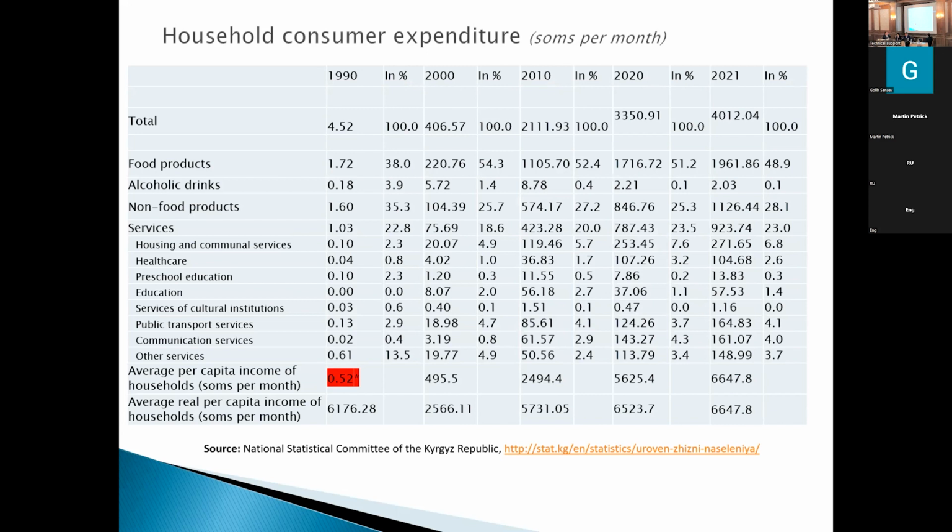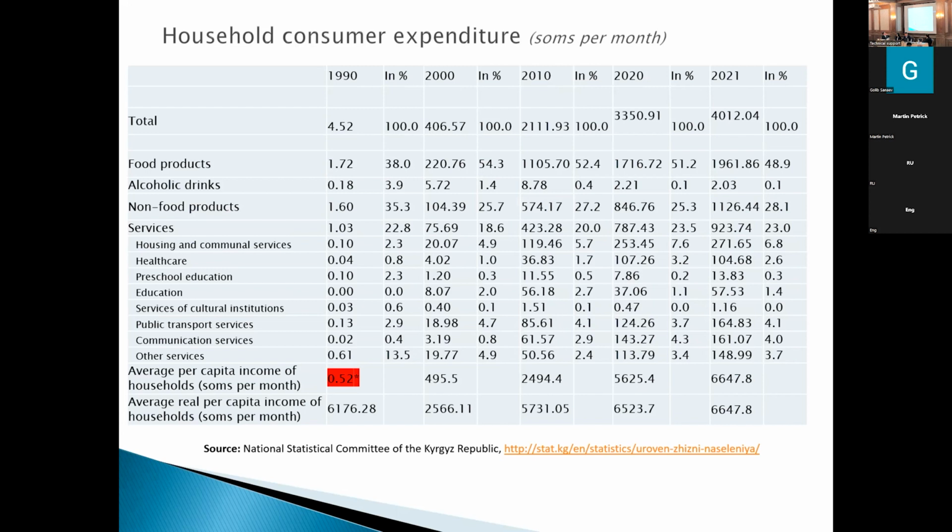In the 1990s they were spending 38% on food products, and nowadays it is 49%. We know from the behavior of households that when income goes down, they tend to consume more food products. Also, the services stayed the same compared to the 1990s.